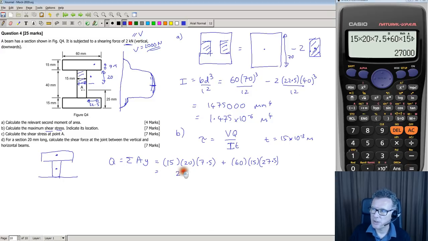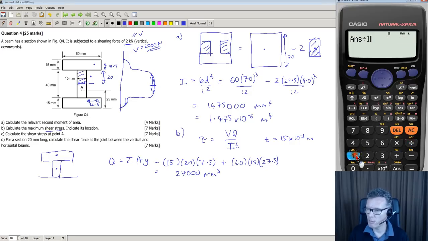So that is 27,000 millimeters. Notice its units are to the power 3, area times length. Okay, so I want that in SI units, so let's divide this by 1 times 10 to the 9, 3 sets of millimeters I need to convert. So that equals 2.7 times 10 to the minus 5 meters to the power 3.